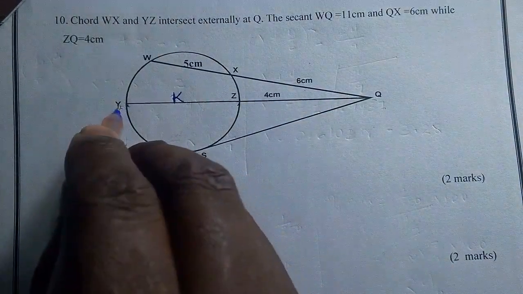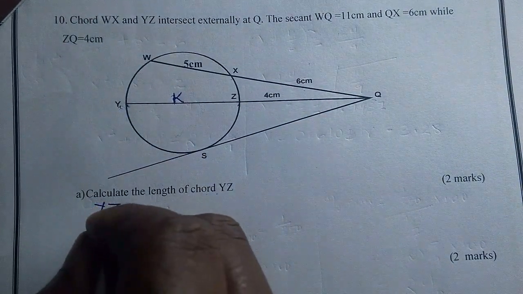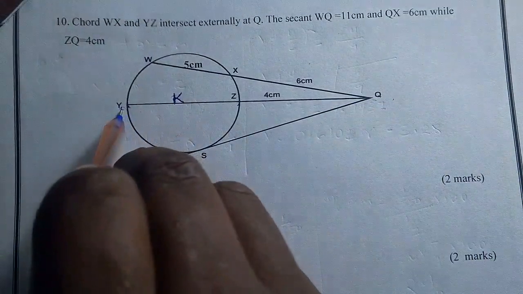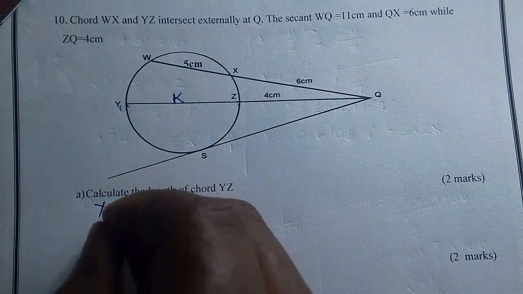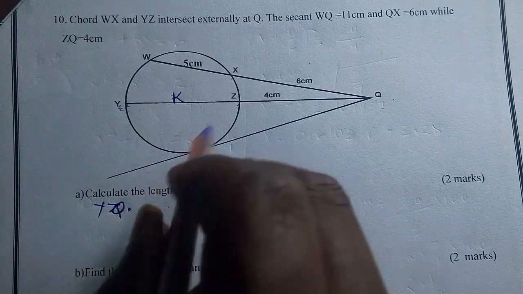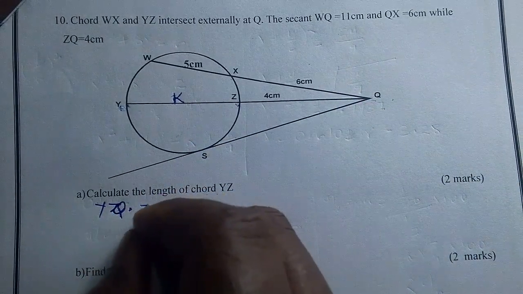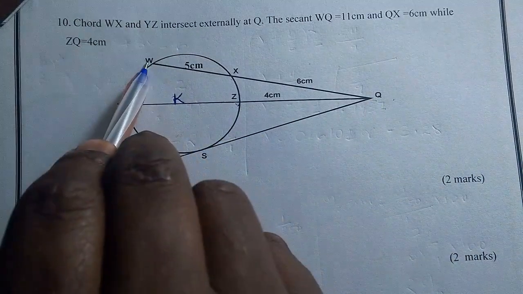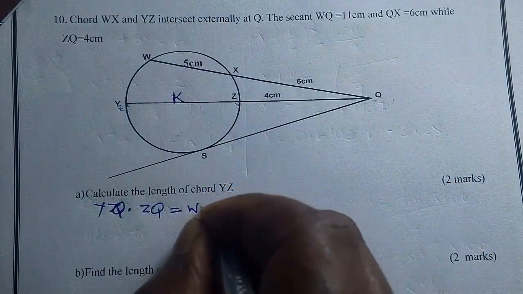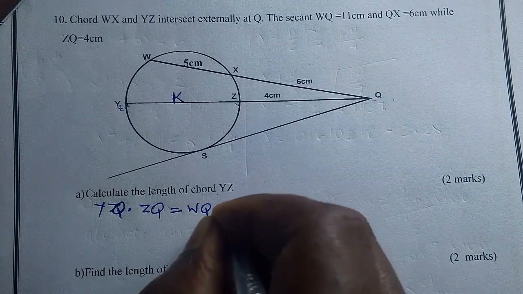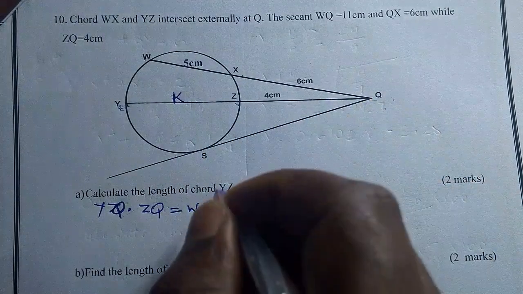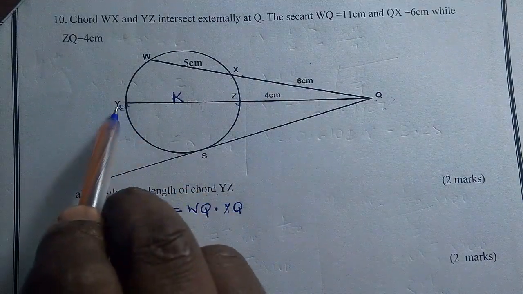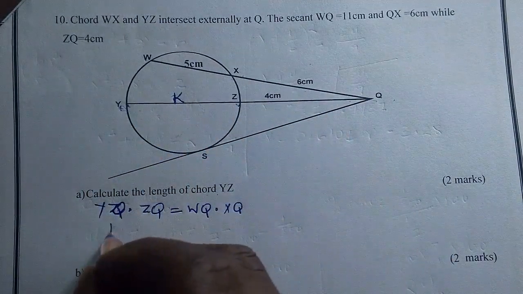So YQ multiplied with ZQ will be equal to WQ multiplied with XQ. Now get the distance from here up to here. It is K plus 4.